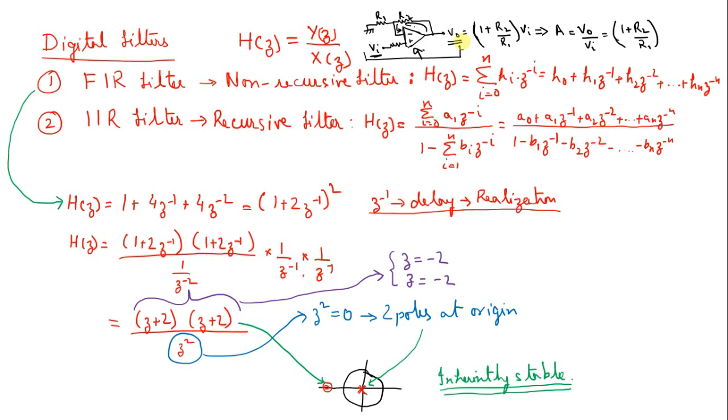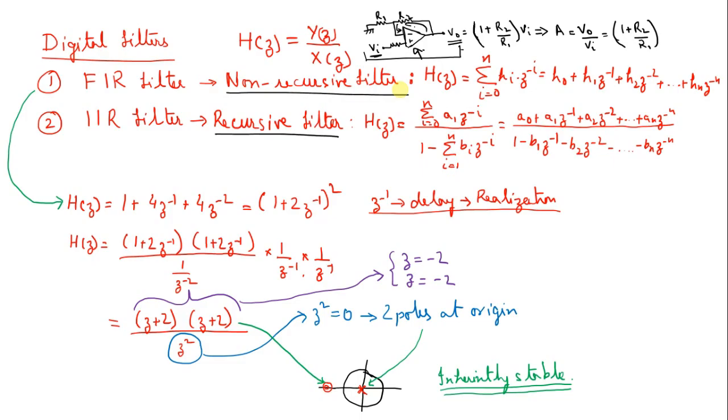When we use the present and the past outputs to calculate the present output, it is regarded as a recursive filter or a feedback filter. Recursive stands for whether a system has a feedback loop or not. Similarly, the other class of filters are non-recursive filters.